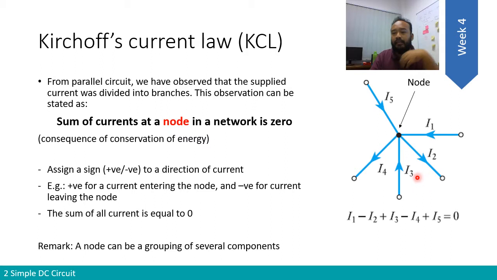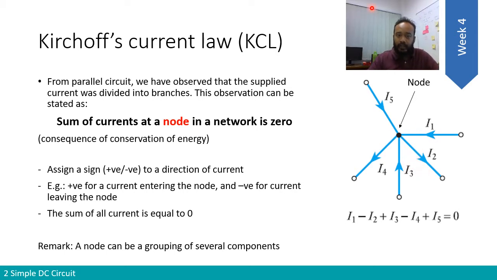It's just like in mechanics, in dynamics, when you're calculating forces. If it's pushing along the x-axis, you consider it positive. If it is pushing against or opposite to the x-axis, you consider it negative, right? So it's the same thing here in KCL.